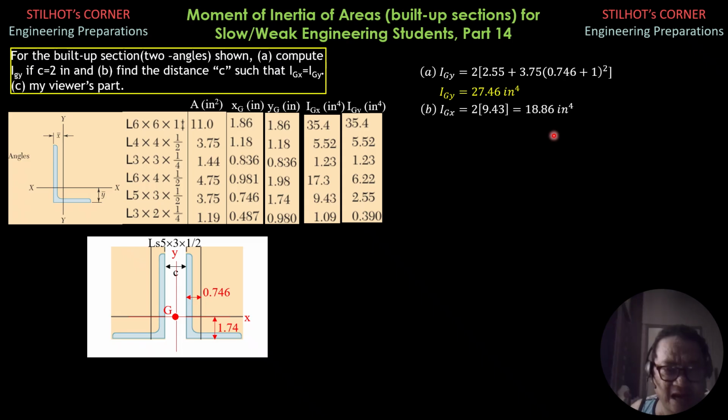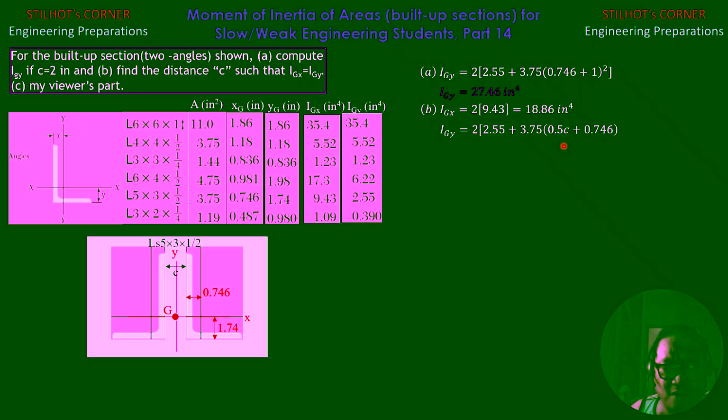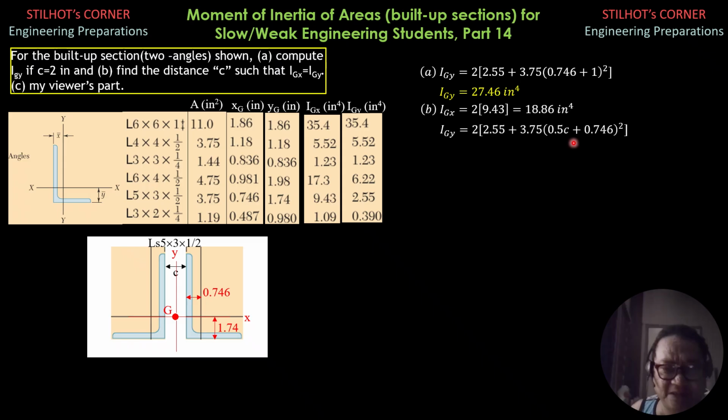Then for IGY, it is now 2 times quantity 2.55 plus area 3.75. Then the distance is 0.746 plus half of C or 0.5 C, then quantity squared. So IGY is 2 times quantity 2.55 plus 3.75 of 0.5 C plus 0.746 squared.